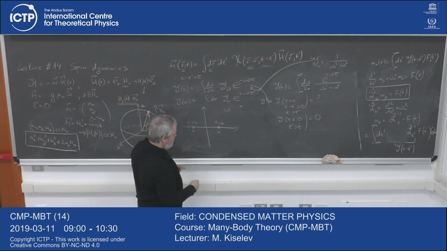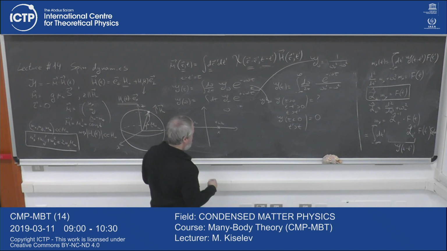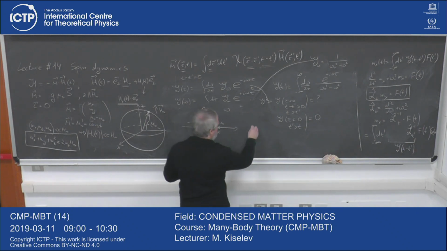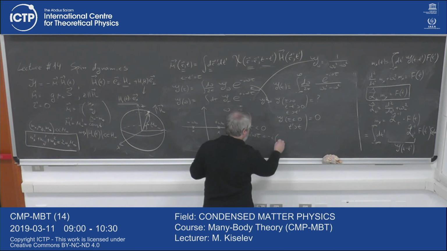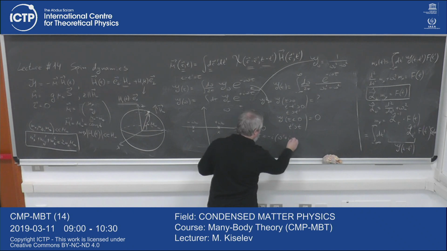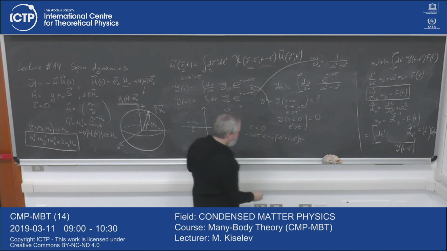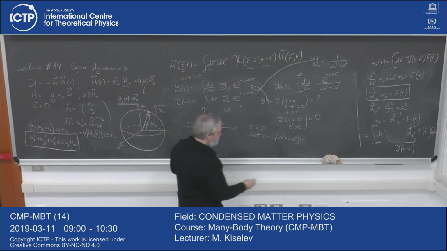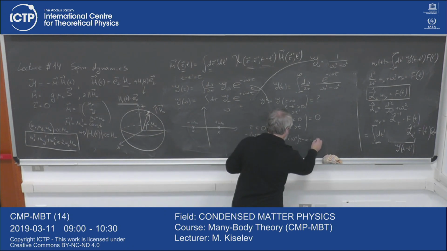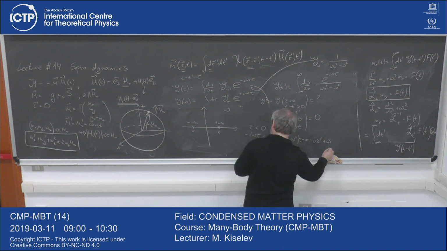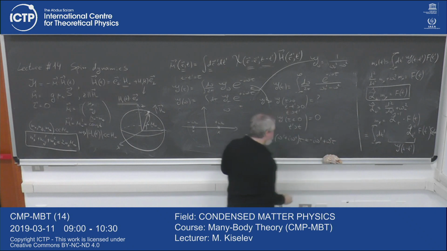Why am I doing so? Because if tau is negative, I have minus I omega tau, which means this is minus I omega prime plus I omega double prime tau, which is minus I omega prime, this is the real part, plus omega double prime tau.